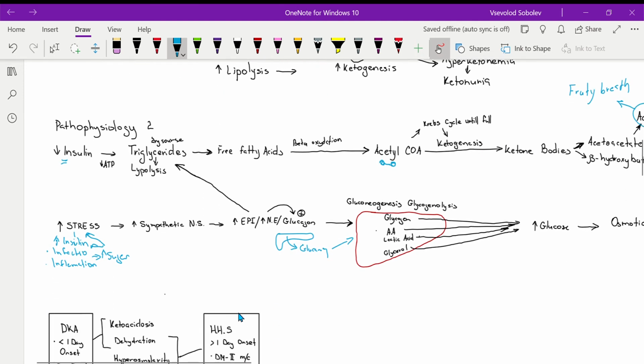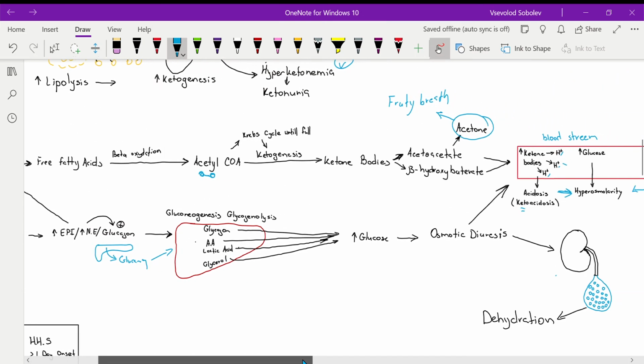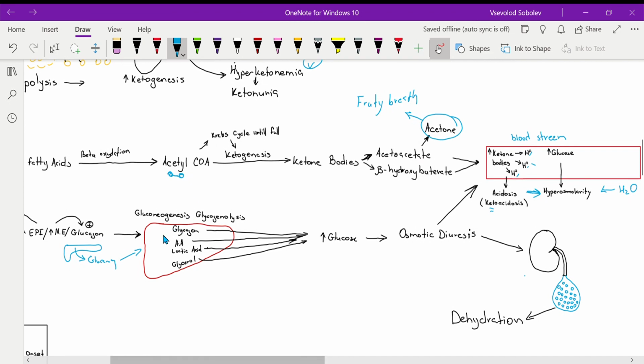So as the epinephrine and norepinephrine stimulate the glucagon in the liver, together with amino acids, lactic acid, and glycerol being converted to glucose, glucose is being increased in the bloodstream.